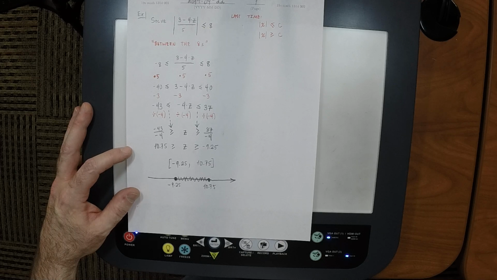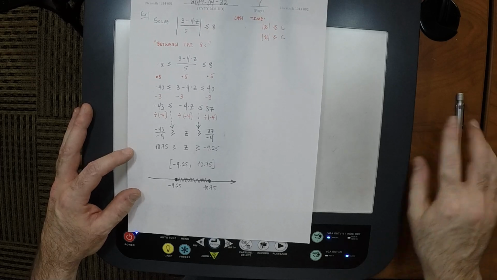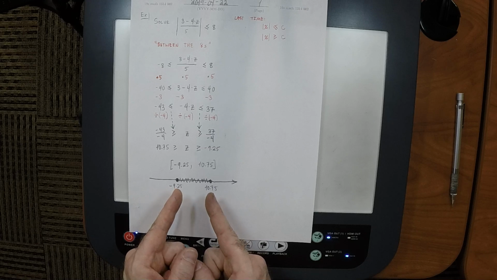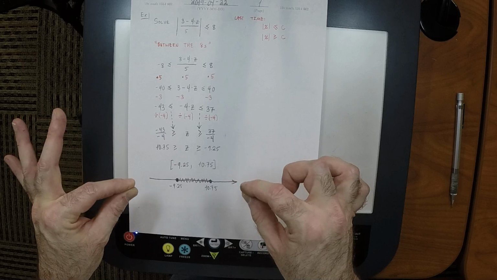So now, the answer happened to be the stuff between these two numbers. How could we go back in time and edit the statement of the exercise so that instead of the stuff between these two numbers, the answer was the stuff outside of these two numbers?